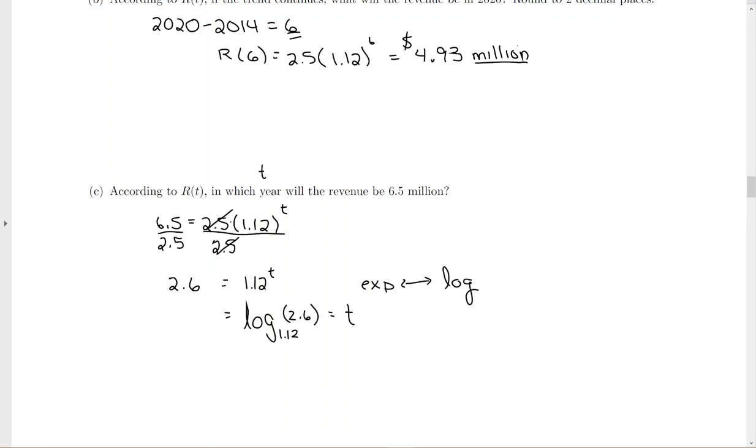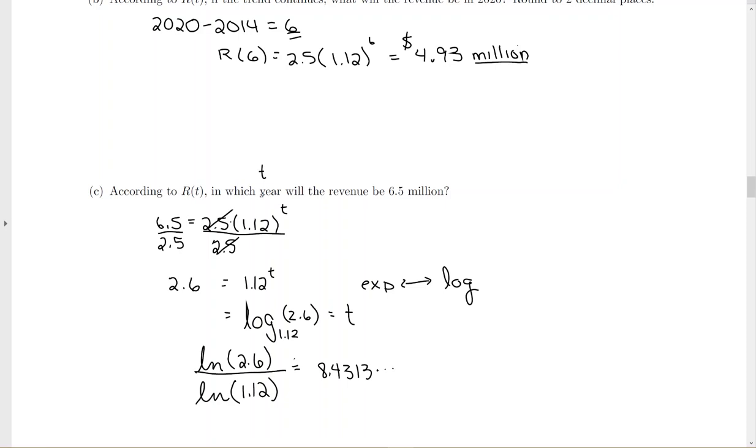So now I'm going to use my calculator and do the change of base because I don't have log base 1.12, but I can do natural log over natural log, 2.6 on top, and 1.12, the base goes to the bottom. Base goes in the basement there. Use your calculator, do that division, and you should come up, and again, test this out with your calculator, 8.4313, a bunch of digits after that.